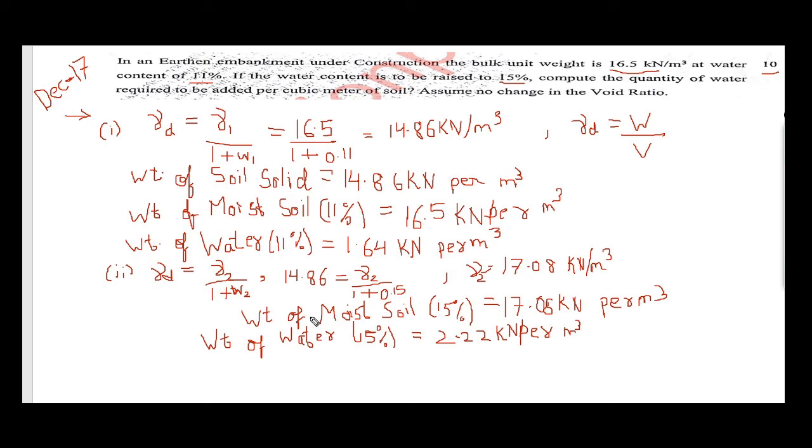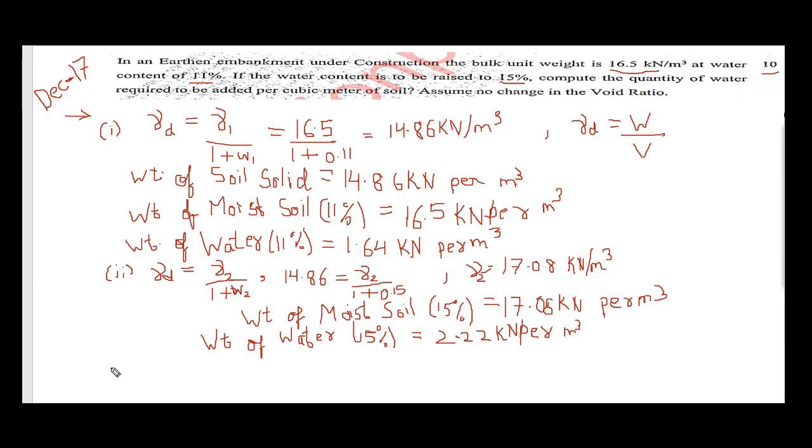Now we have to find out how much amount of water is to be added per meter cube to reach 15%. We just have to subtract the water content at 15% minus the water content at 11%, which means 2.22 minus 1.64.